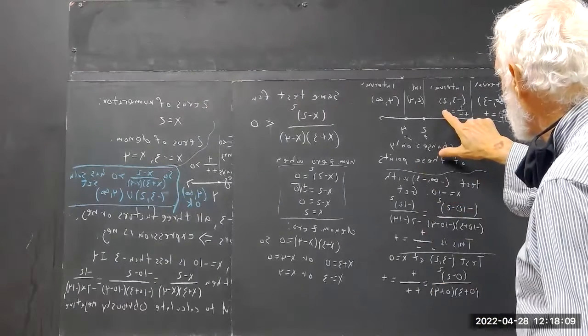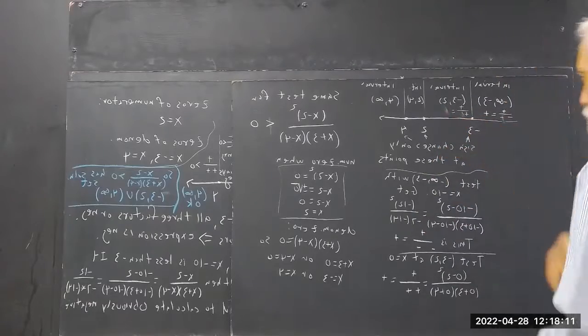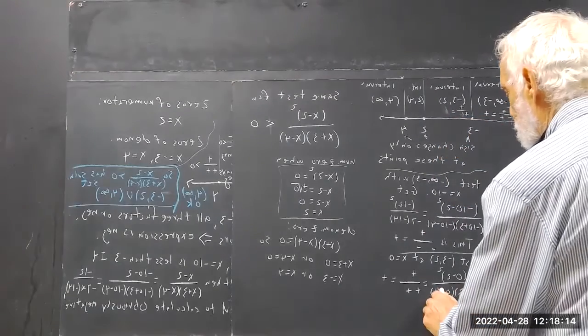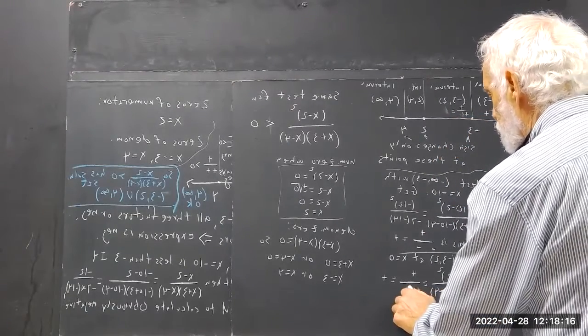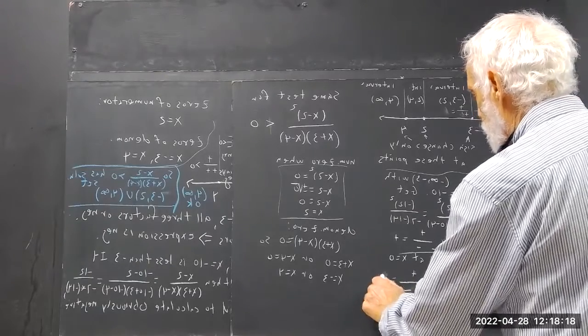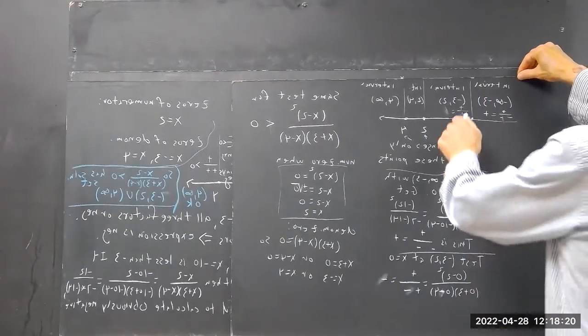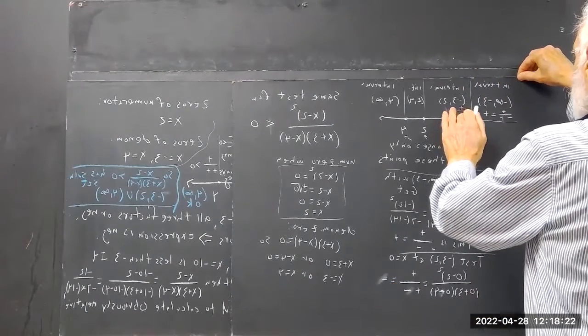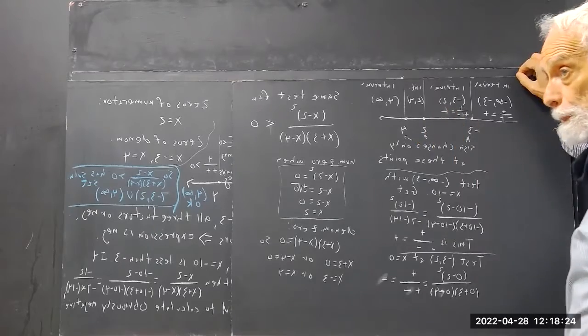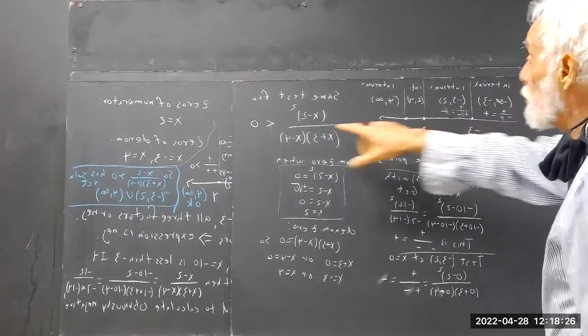It's going to be negative in this interval. It's 0 minus 4, right? So that makes it negative. Positive over positive times negative, which is negative. Okay. So this interval is part of your solution.